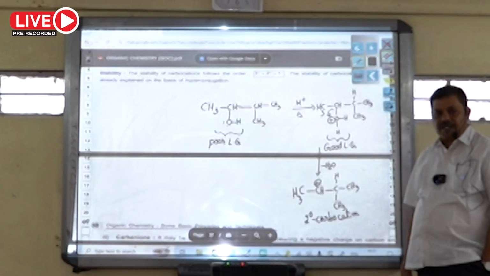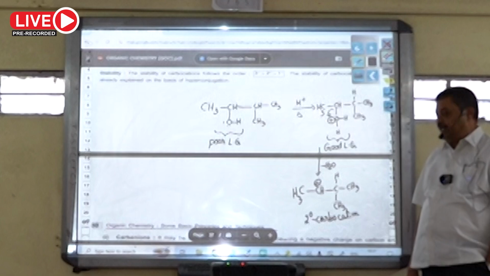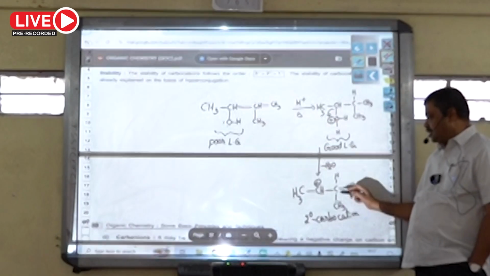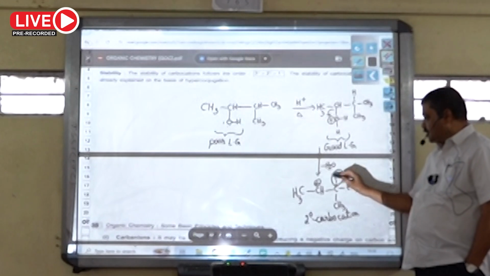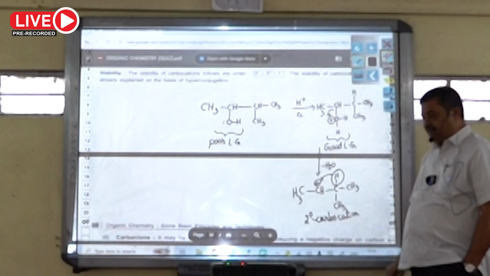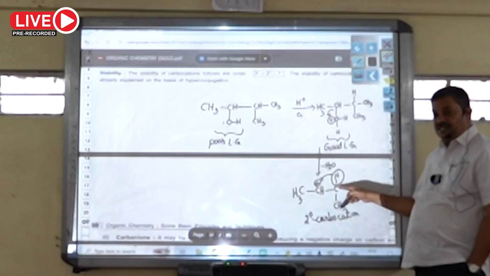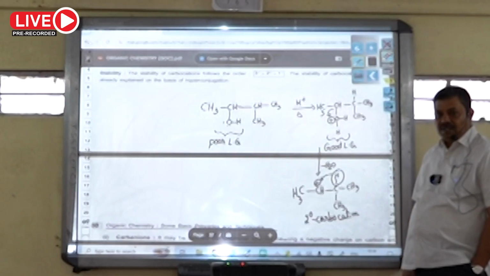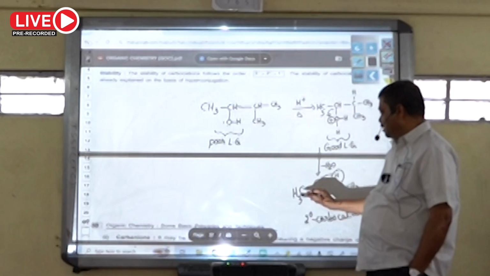But the secondary carbocation is not happy. It sees this hydrogen adjacent to it and asks, my dear hydrogen, you shift along with the bond pair here. 1,2 hydride shift, so that plus charge will come here and you will get a more stable tertiary carbocation.